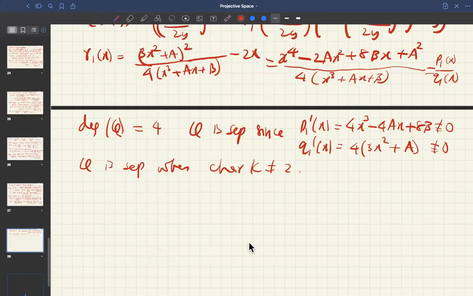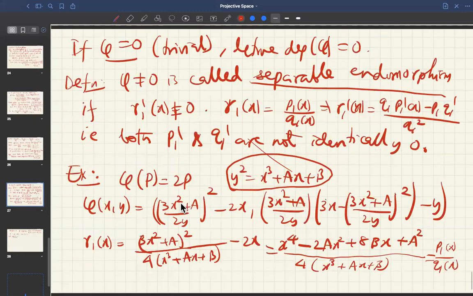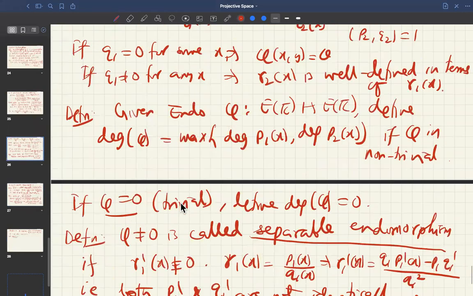So let's see what happens when the characteristic is 2. So let the characteristic of k be 2. In that case, what actually happens? Sir, can you go to the definition of degree? So you have an endomorphism phi, then you are writing phi as R1 times R2, right?